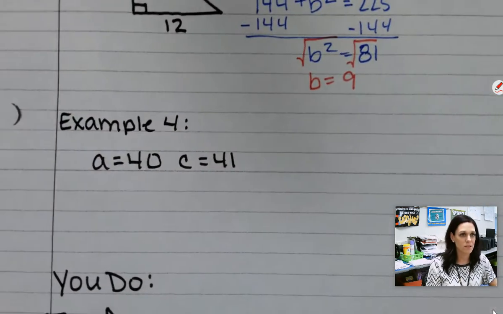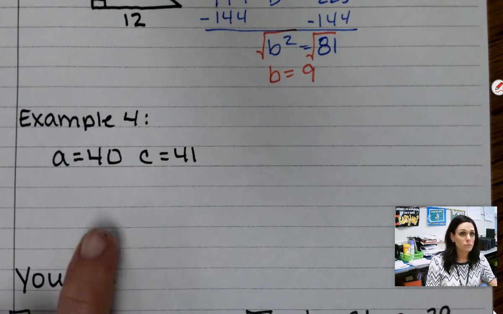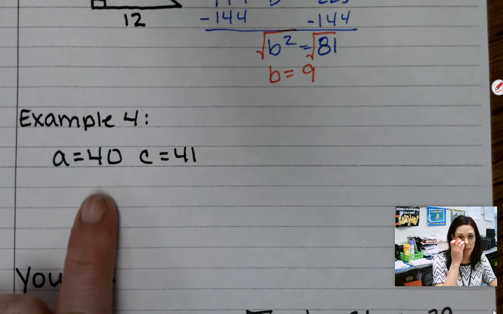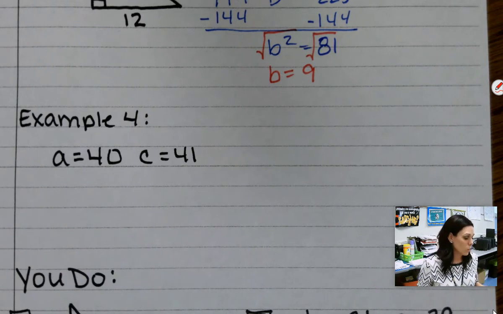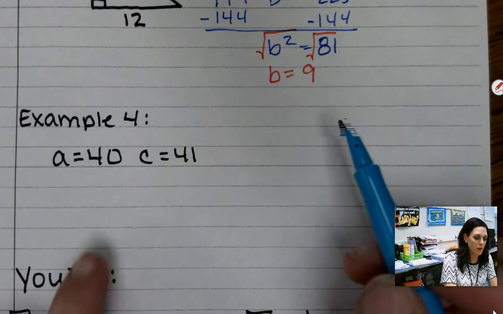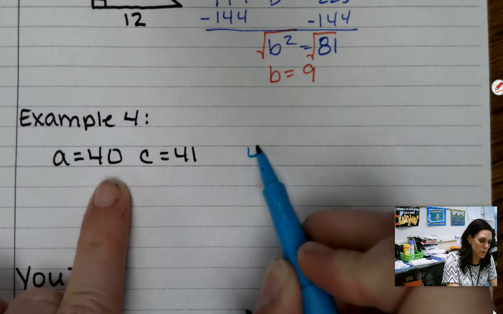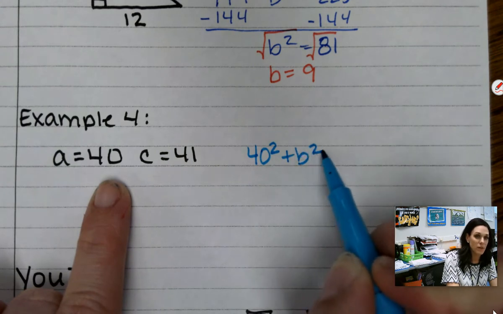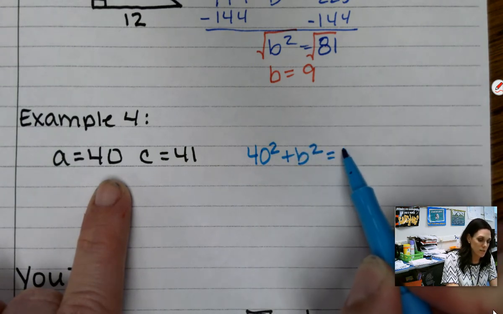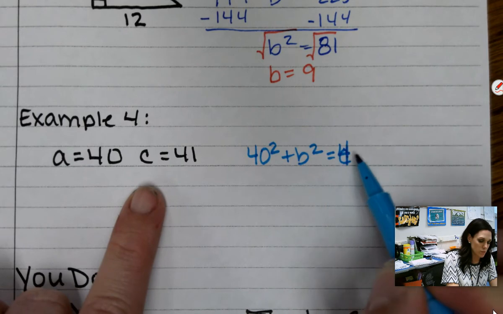And we're going to do this one again together. We have that A is 40 and C is 41. So you'll see here that they give me what letter to use. I'm going to start off with my Pythagorean theorem. A is 40, so we have 40 squared plus my unknown B value, and that is going to equal my C squared, which is 41 squared.